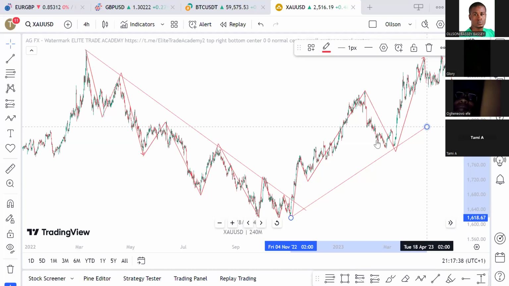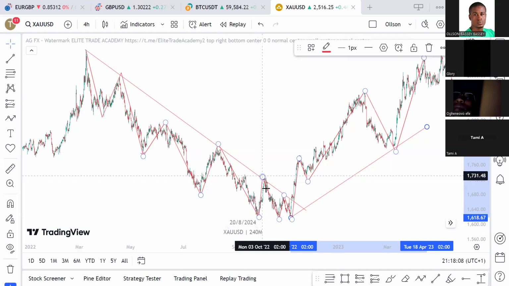Now, why is price bouncing off this place? You've noticed that when price is bearish, we have impulsive, corrective, impulsive, corrective, impulsive.